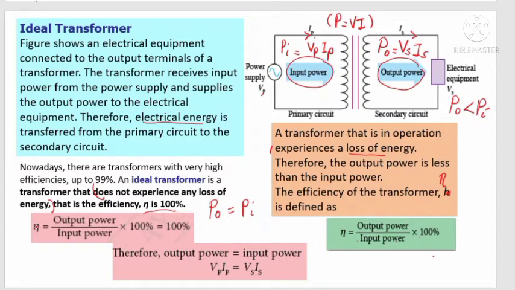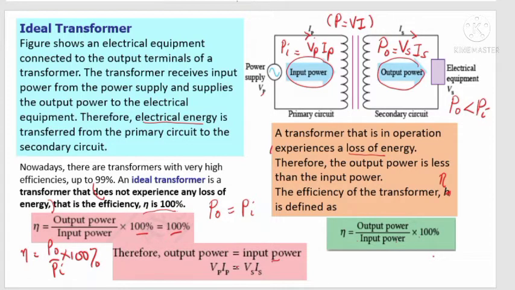From the formula of efficiency, output power divided by input power times 100%, we can write it this way. Therefore, we can say that output power equals input power. So you can see from here, efficiency is 100%.